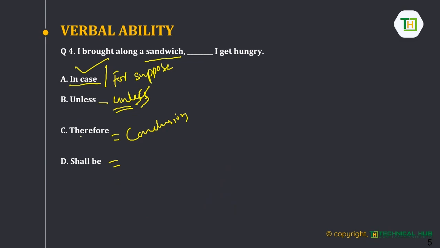He brought the phone to the exam hall, therefore he was disqualified in the exam. "Shall be", we cannot use here. There is no meaning at all for "shall be" here. So that's why this is wrong, option B also wrong, option C also wrong. Right. So moving to the next question.